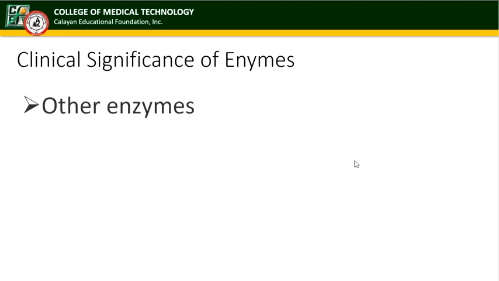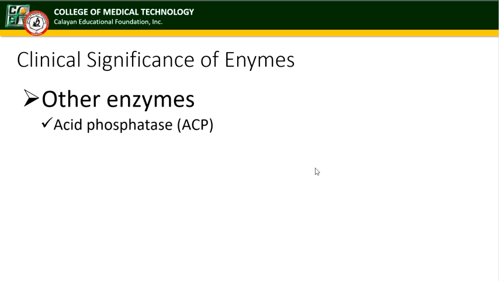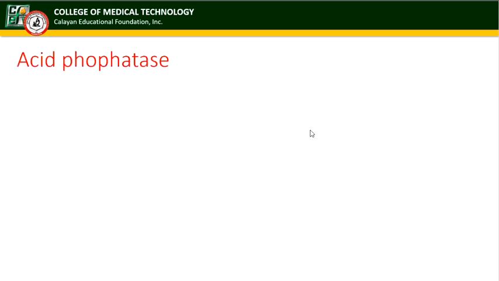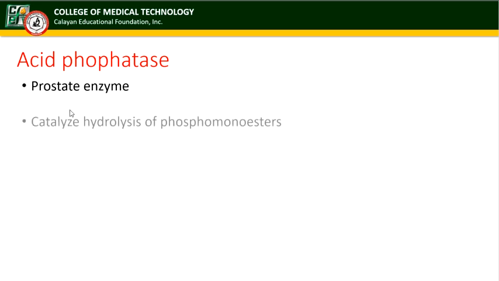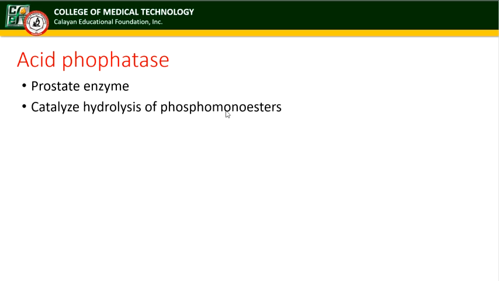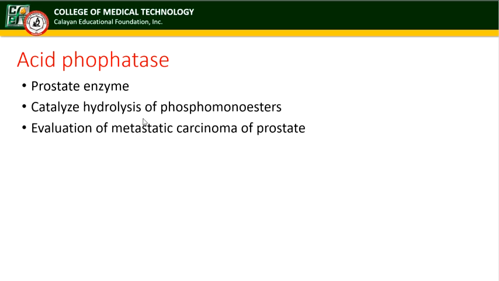Other enzymes: acid phosphatase. This is the last enzyme that we will be discussing in our module. Acid phosphatase is a prostate enzyme. It catalyzes hydrolysis of phosphomonoesters, and it is used in the evaluation of carcinoma of the prostate. It can also be used in forensic investigation of rape cases.